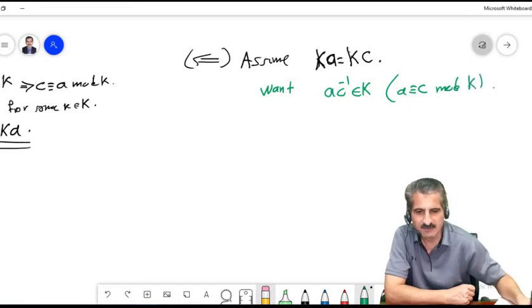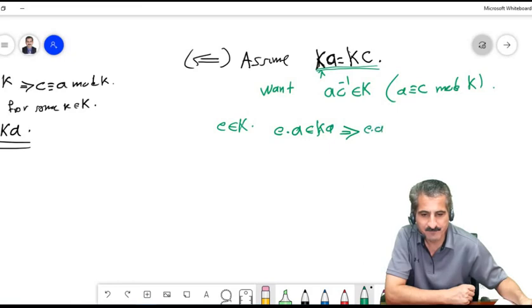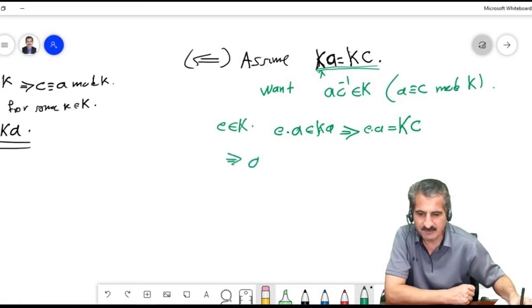Now since they are equal, and the identity belongs to K, multiply the identity as one of the elements. So E times A belongs to K times A, right? But K times A is the same as K times C. And now we got A belongs to KC.